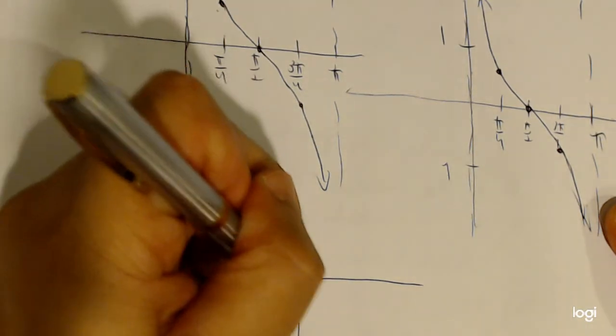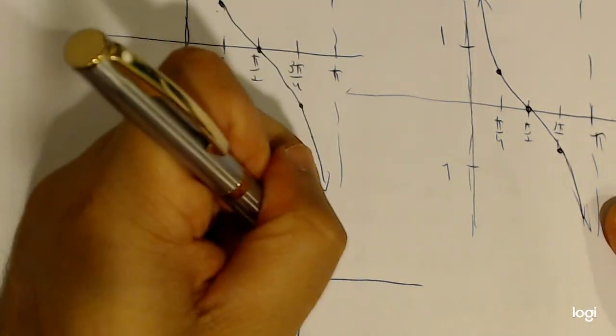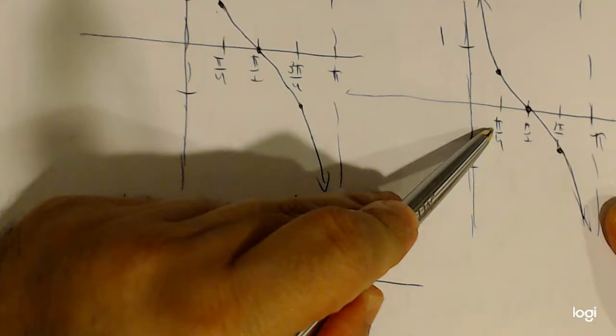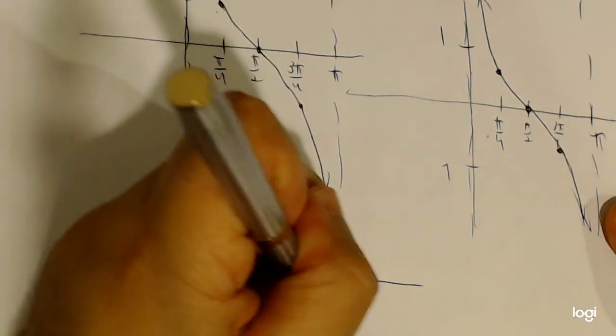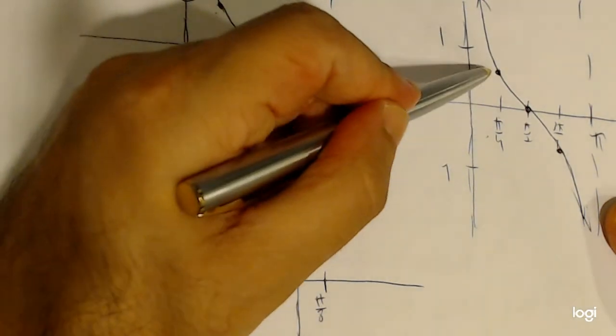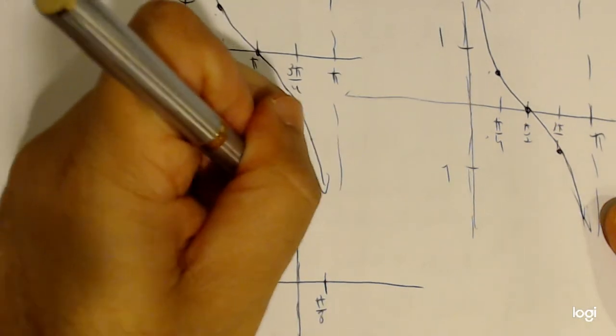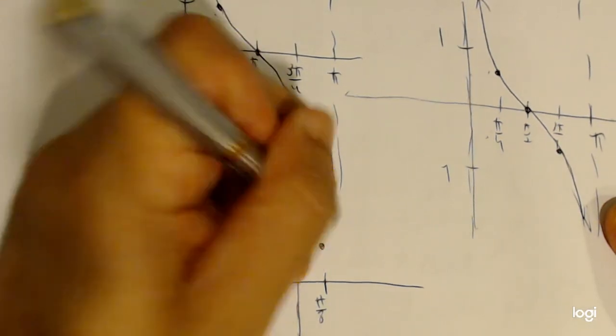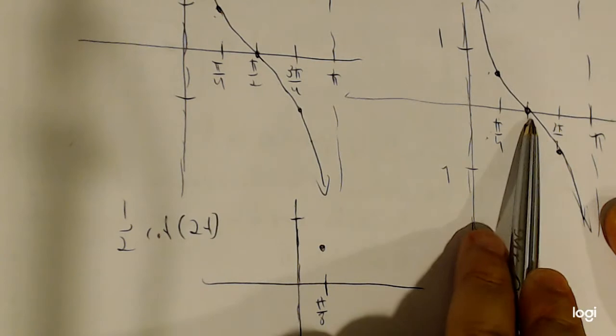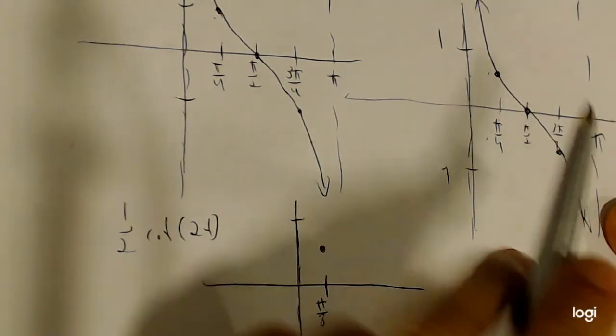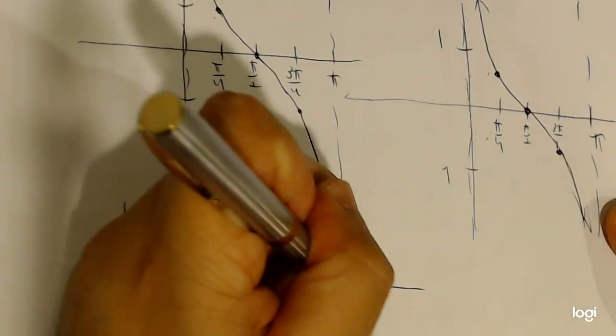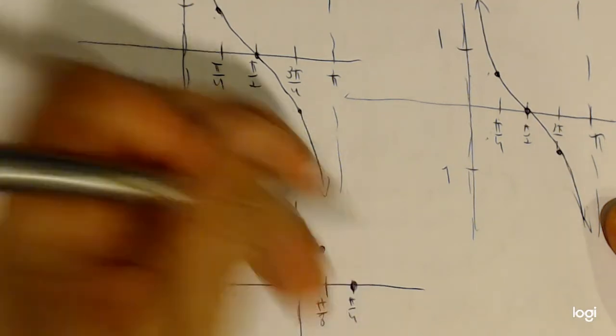You multiply 0 by 1/2, it still stays 0. At pi over 4, we multiply pi over 4 by 1/2, we get pi over 8. And the y value here was 1/2, and the y values don't change now, right? Because we're just changing the x values. At pi over 2, it was 0. If I multiply the pi over 2 by 1/2, it becomes pi over 4, which is 0 now.